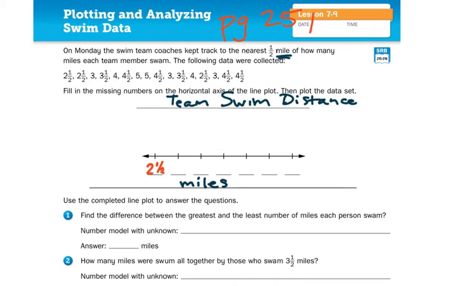Now it's going up by half mile, so I have to go in order. 2.5, 3, 3.5, 4, 4.5, 5, and 5.5. So once you start with a number, you have to go up the same amount for each line. Now let's go ahead and plot them.